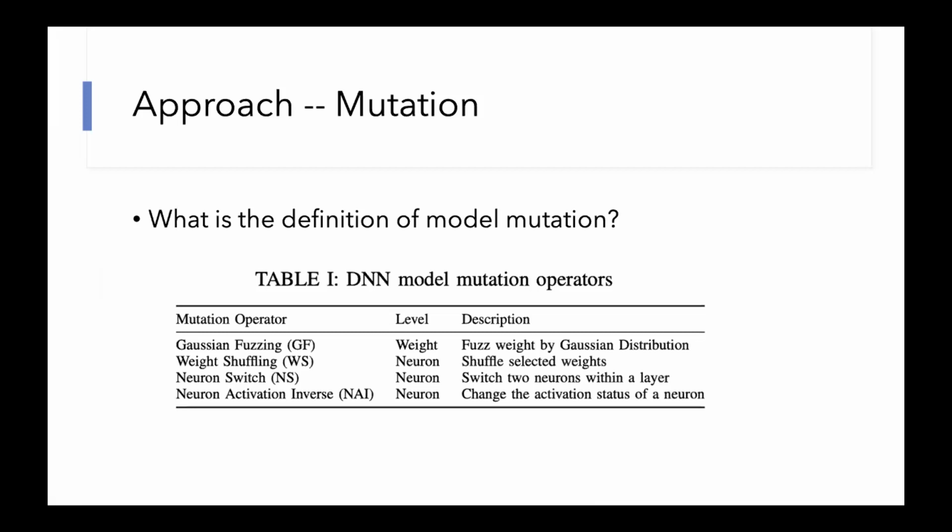So the Gaussian fuzzing is for a layer instead of a neuron? It is for neurons, but the mean and standard deviation are computed for each layer. But we need to randomly select a portion of neurons, right? Yes, that portion is the parameter I discussed. I understand, so the mean and deviation are for each layer.